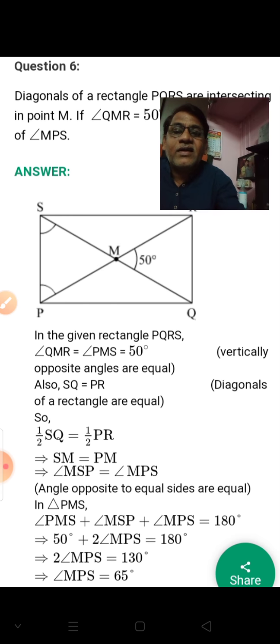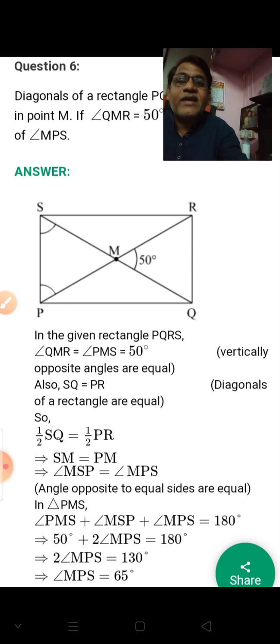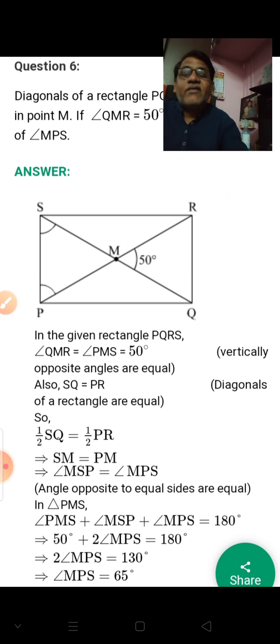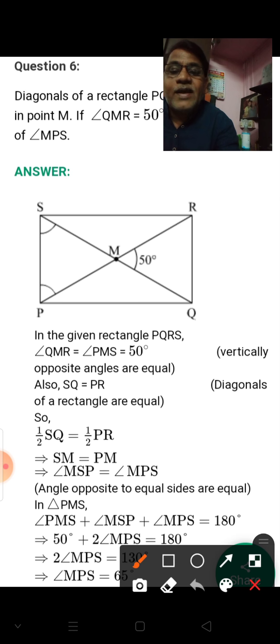See here in this diagram, the given figure is a rectangle. It means SR is parallel to PQ and SP is parallel to RQ. And you have to find MPS. See, where is MPS? Here, MPS means this angle. You have to find it.